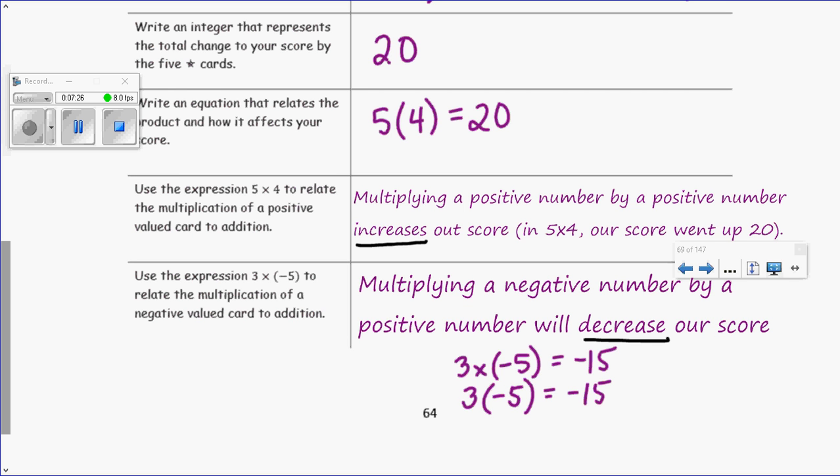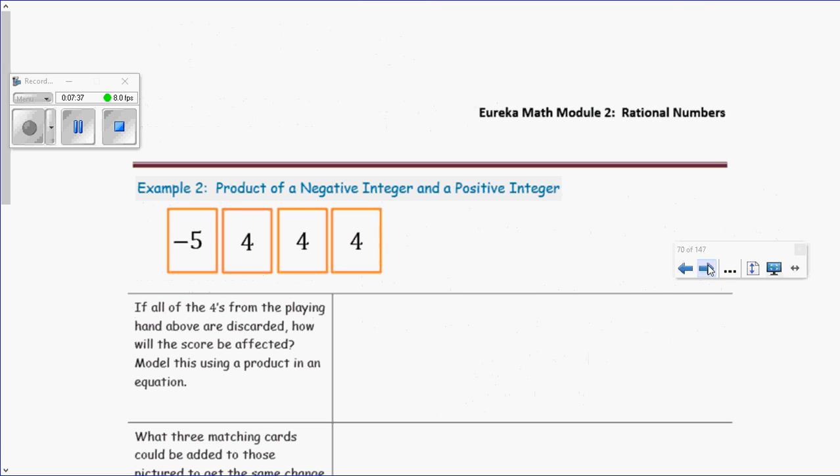Okay, hopefully it's not too bad. We're going to look at what happens if I were going to discard some of these cards. So turn to page 65 and let's look at example 2. If all the fours from the playing hand are discarded, okay, so that means I'm getting rid of them, how will the score be affected?